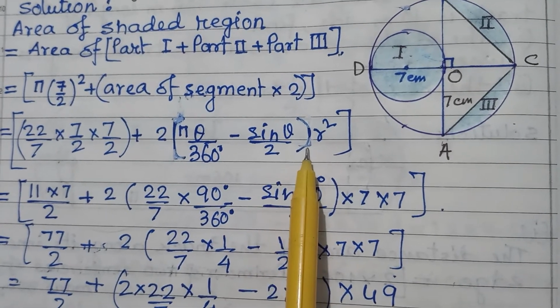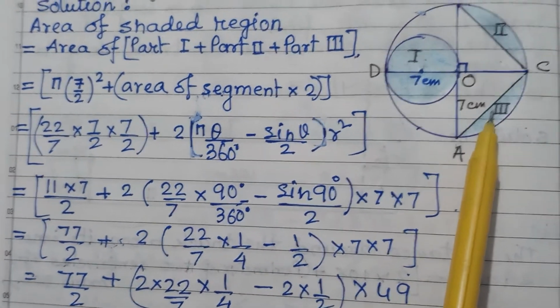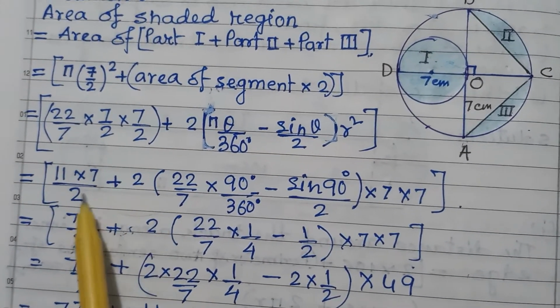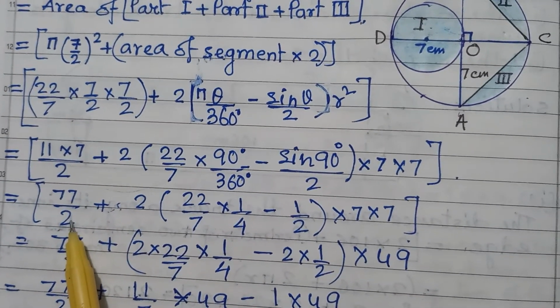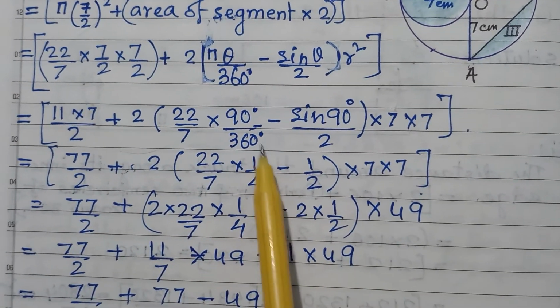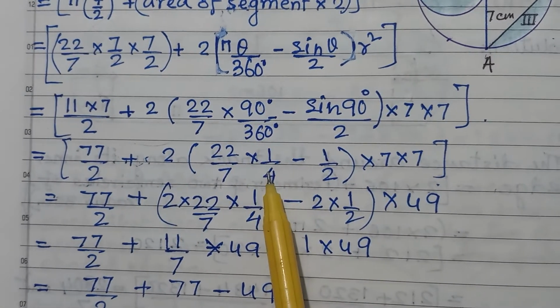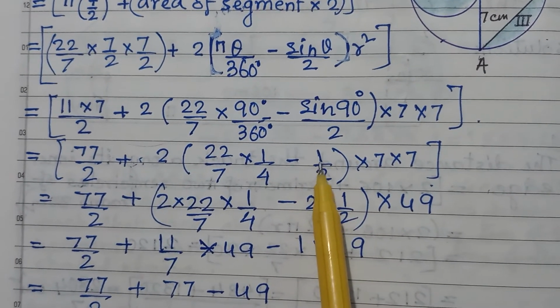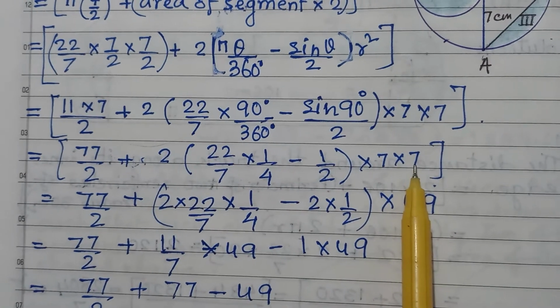So by calculation it is 77 upon 2, plus 2 into 22 upon 7 into 1/4 minus 1 upon 2, where sin 90 degrees is 1, into r square.